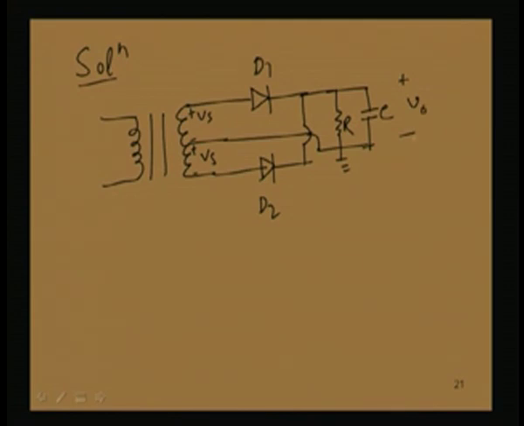Now, this average DC voltage is given as 15 volt. Now, what is this average voltage? We know Vs max, this voltage, minus Vd naught minus V ripple.